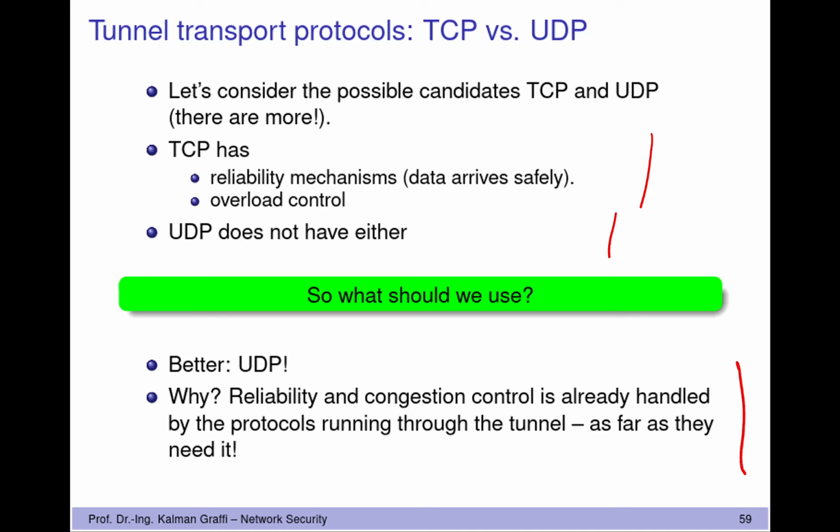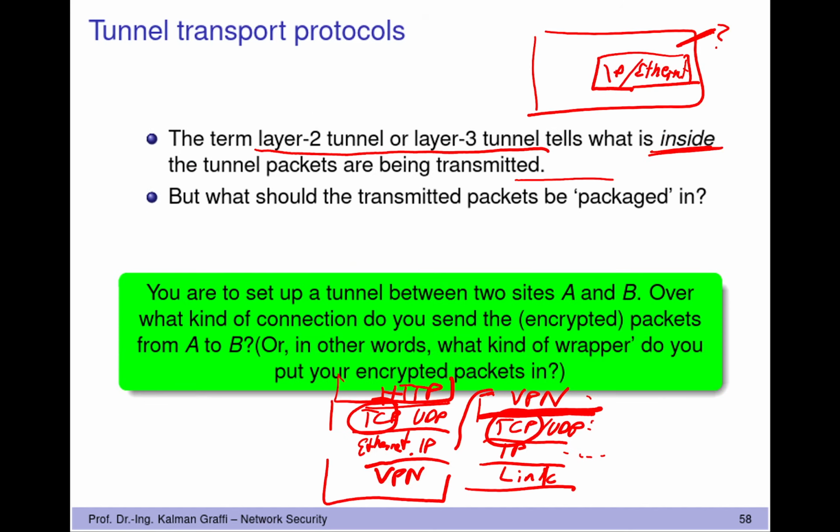It's confusing because both TCPs have an order in which the packets arrive, and various issues can happen that cause additional trouble that is already handled by the first TCP. So it's better to use UDP, because TCP assumes that the underlying network layer is unreliable. So it's fine that we use UDP here, so that we just have one TCP in action.